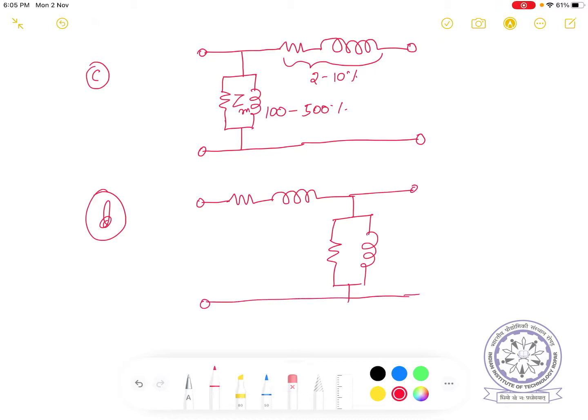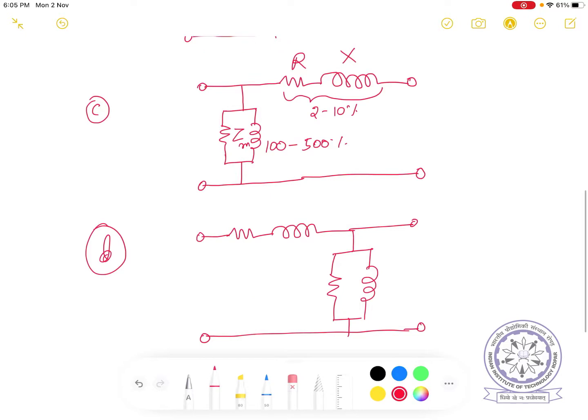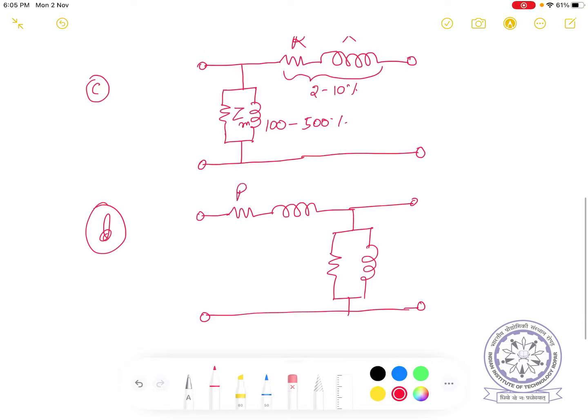So these two, C and D, are approximate equivalent circuits where the resistance R and inductive reactance X of primary and secondary are clubbed together and placed in one place, and the shunt branch is shifted to another place.